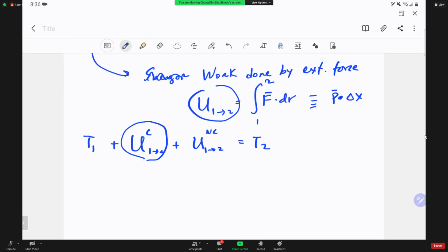And this can have many different forms. Okay, so I'm going to start laying them out.